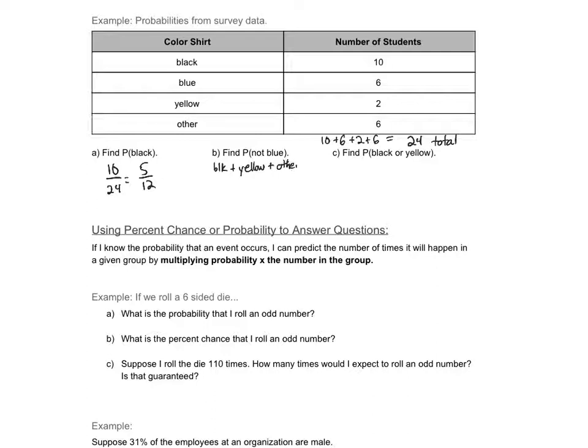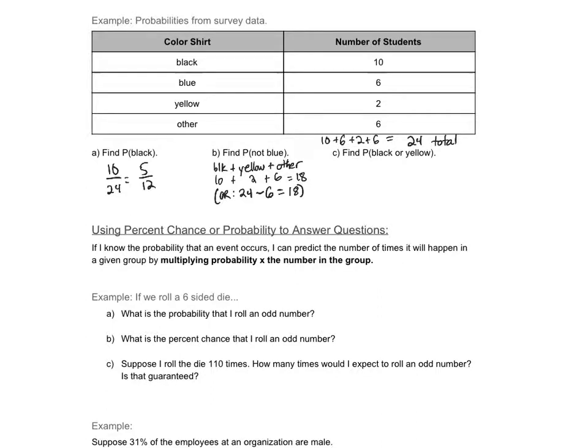Those are the ones that are not blue. In other words, 10 plus 2 plus 6, and that adds up to 18. The other possibility I could use is to say there's 24 total, 6 of them are blue, and so therefore all the rest are not blue.